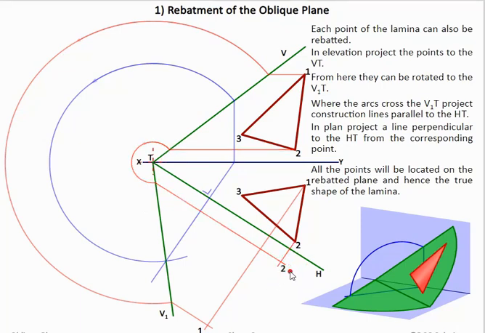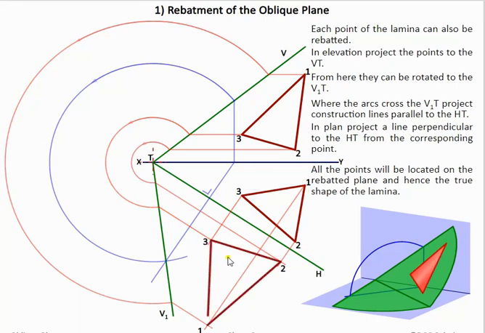Then we do the same for point 3, rotate it around, and point 3 is found, same method. Then we can construct our true shape here. So this is our true shape of this triangle using this method.